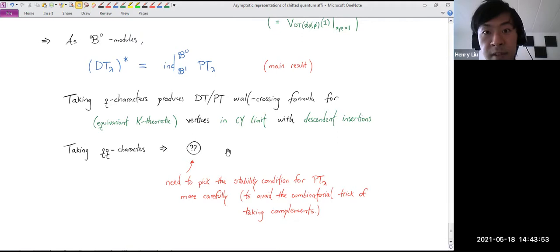So one day we'll be able to find the right stability condition, and we'll get a PT module with some basis which is truly indexed by actual PT configurations without having to take a complement. And then presumably one can write down some kind of representation theoretic relation between the resulting modules, and taking QQ characters should produce truly some kind of DT-PT wall crossing formulas for fully equivariant vertices.